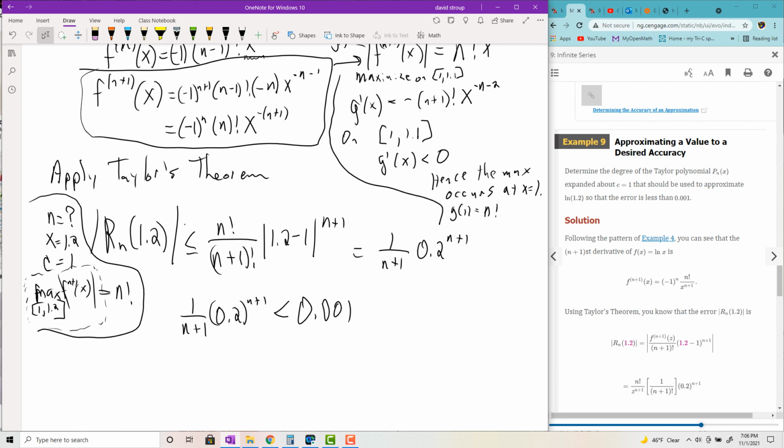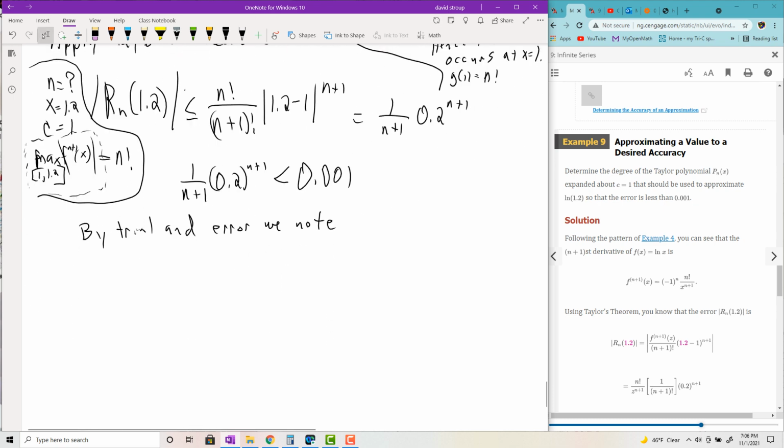We need it to be less than 0.001. Unfortunately, this time, unlike with the alternating series estimation theorem, you're not going to be able to solve that inequality, right? So you're going to have to do trial and error. So you start with a first degree, n equals 1, and you plug 1 into this formula here.